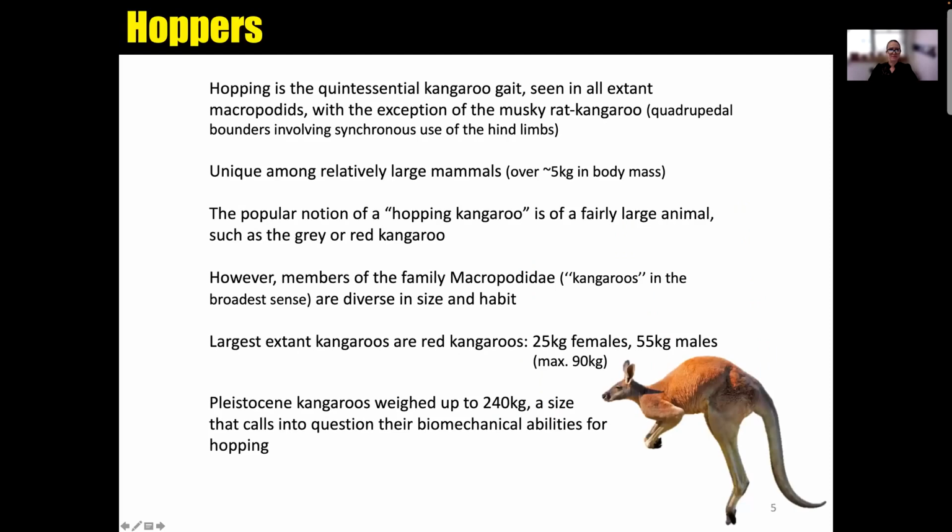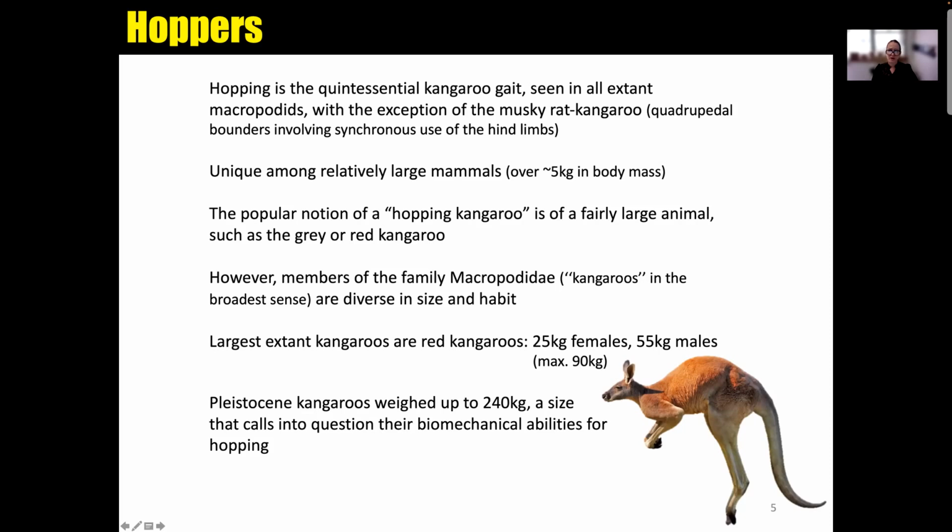So hoppers. Hopping is the quintessential kangaroo trait seen in all existing macropodids, with the exception of the musky rat kangaroo, which is actually a quadrupedal bounder, which involves the synchronous use of the hind and forelimbs.